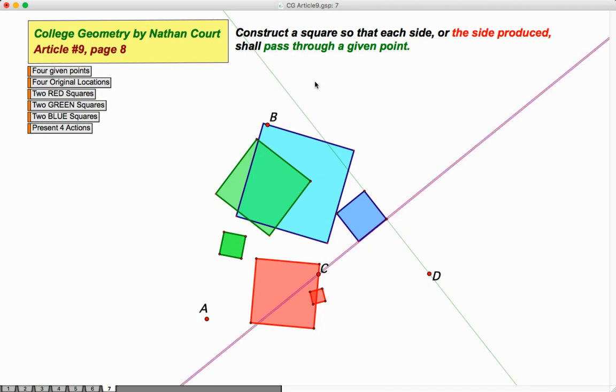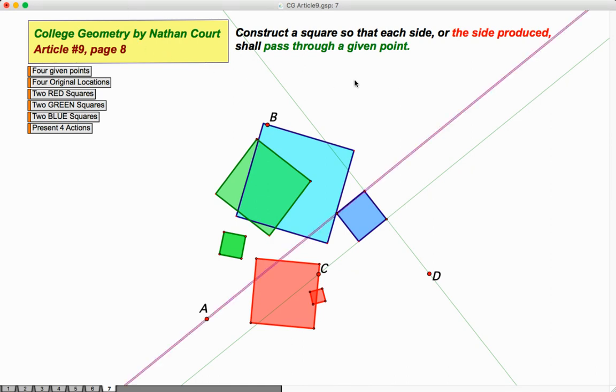Construct line. Oops, it passes through C. Construct this line. Oh, I think it will pass through A. Let's see. Yes, indeed. And finally, this one will pass through B. Yes, so indeed, all these 6 squares pass through points A, B, C, and D.